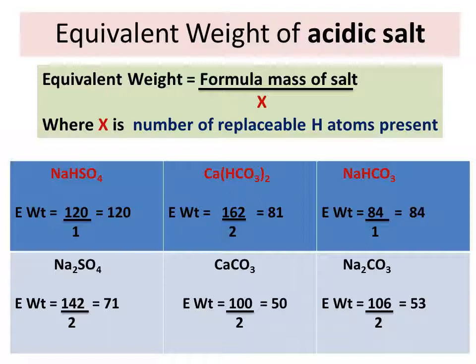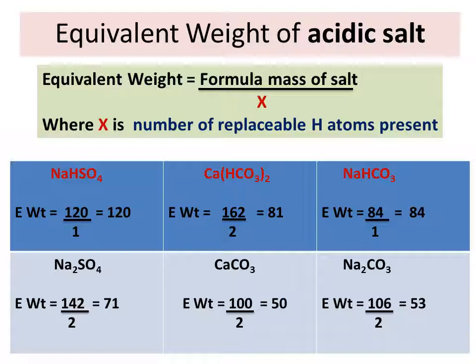Here x is not the number of positive or negative charges, it is the number of replaceable hydrogen atoms present in that particular salt. How we will find the number of replaceable hydrogen atoms, we will talk about later. Let us apply this formula and find out the equivalent weights here.